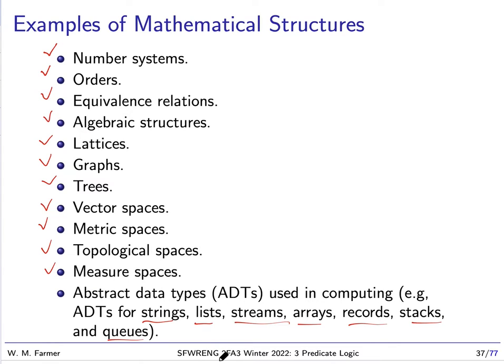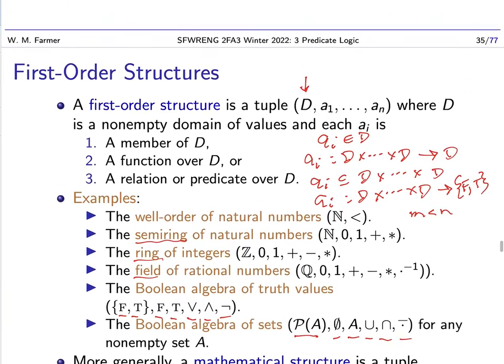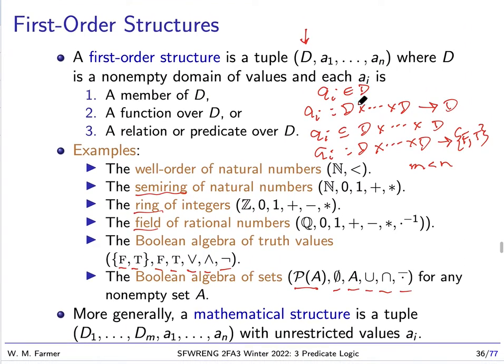Okay, so we know now what a first-order structure is. It's a special kind of mathematical structure. And what is special about it is it has only one domain, and its distinguished values are all of just three kinds: members of D, functions over D, relations or predicates over D. Now, as far as FOL is concerned, we will always be using predicates.